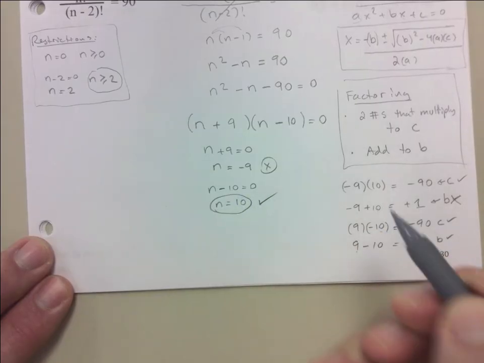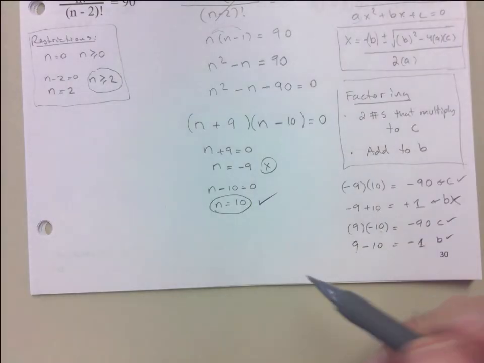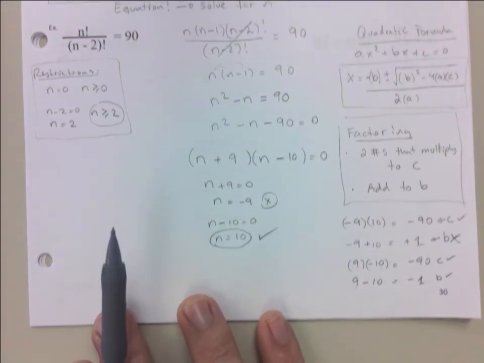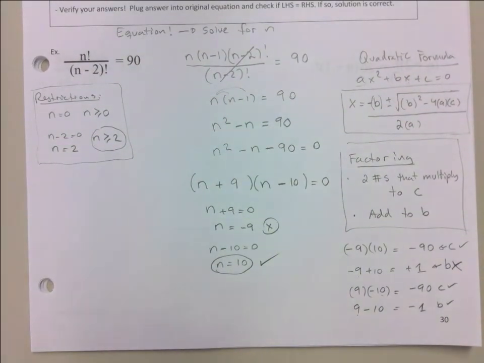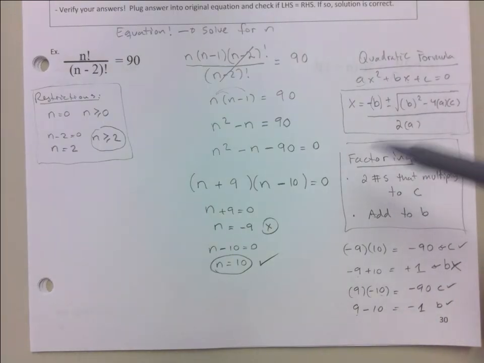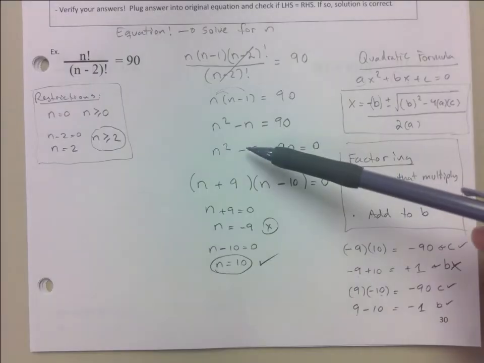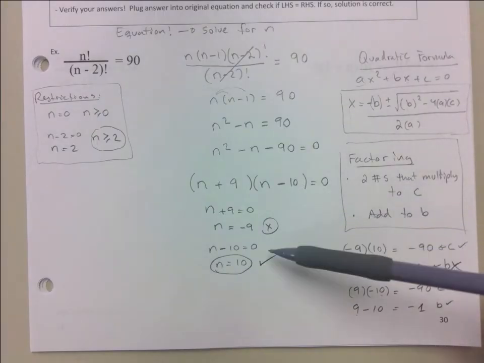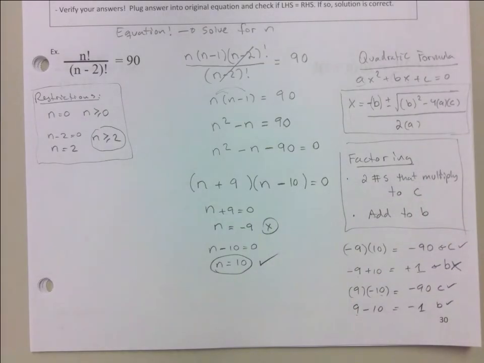This is the one that works. So the only way this equation works is if n is equal to 10. Alternatively, if you plugged in a, b, and c into the quadratic formula, you would have arrived at the same conclusion. Okay?